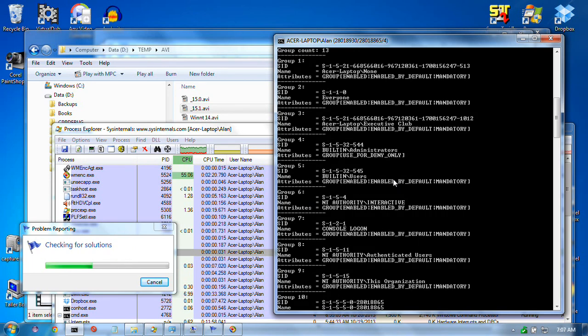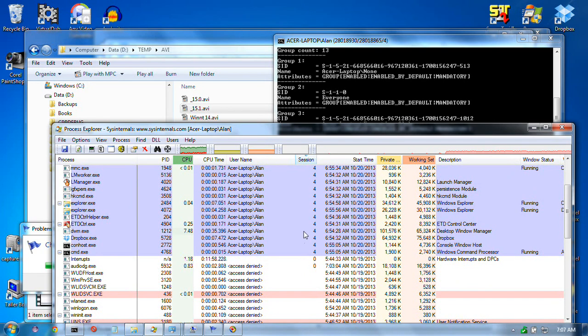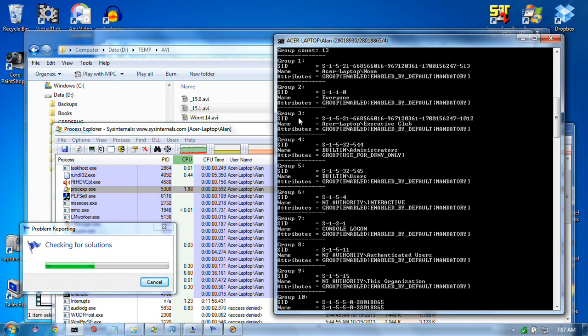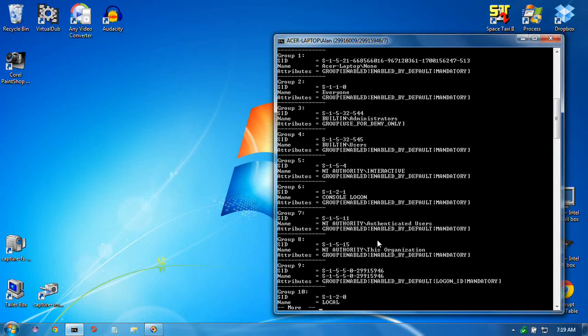A principal is not a user. It's not something that logs on. It's not something on this side. It's something on this side, right? And one of those things, or all of them, might be putting this entry into my security identifier. Which one? I don't know. But we'll see. Okay.